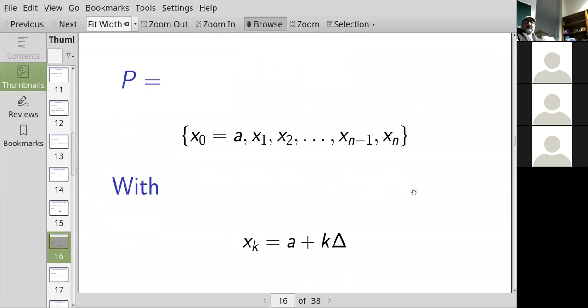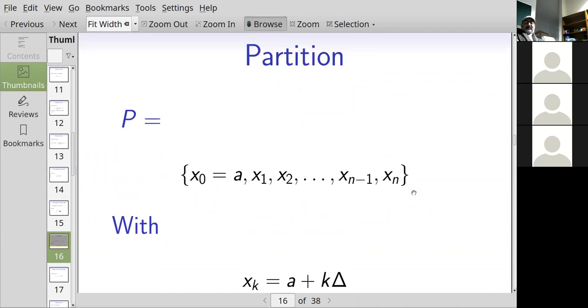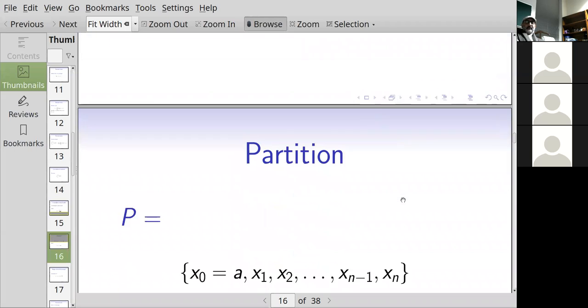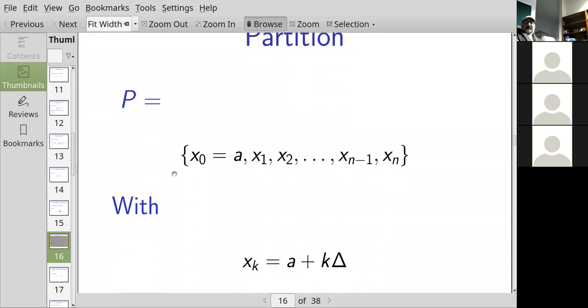We will take our partition and allocate the points in such a way that the distance between each point is delta, equal to (b minus a) over n. Again, our partition is x0 equals a, x1, x2, and so on, up to x_{n-1}, and x_n equals b.